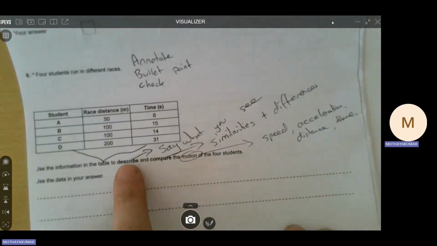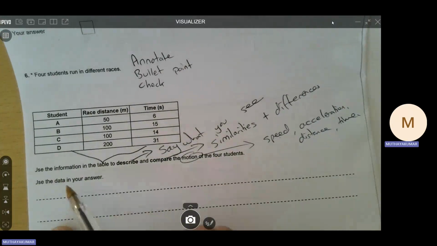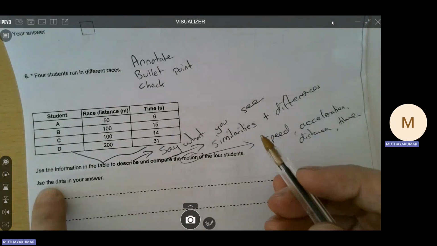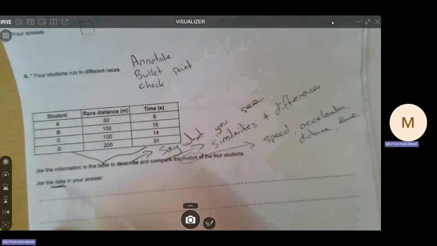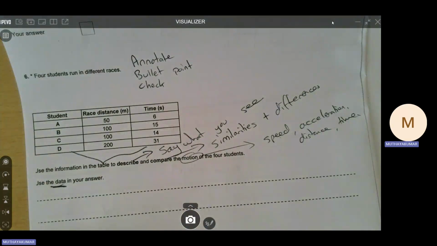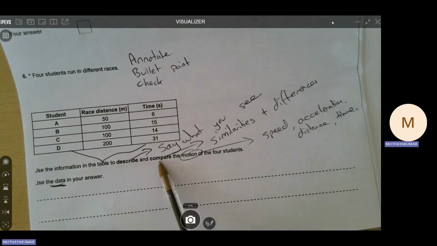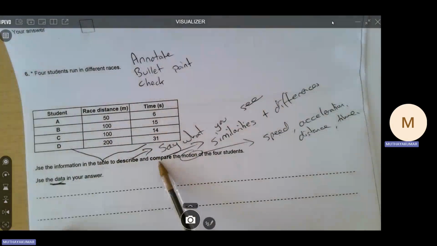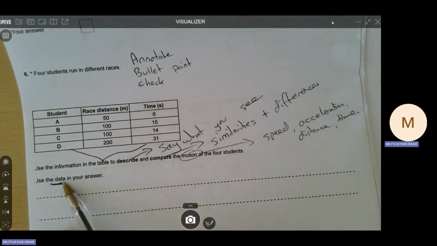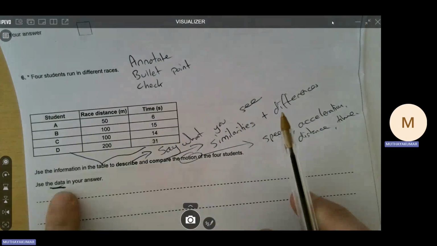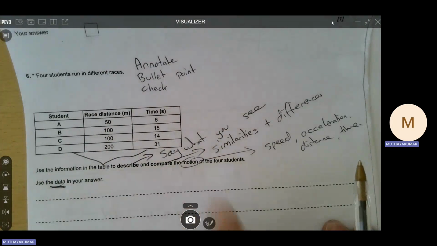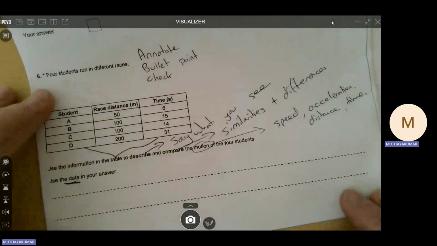Oh no, there's one more bit, isn't there? We've got to make sure we do this properly. Use the data, use the numbers in your answer. So for me, what am I thinking? Describe and compare. Maybe I could start with that, but I actually reckon if we do some calculations first, use the data, that might make our comparisons easier. We might see a pattern, we might see a conclusion that we can write about.